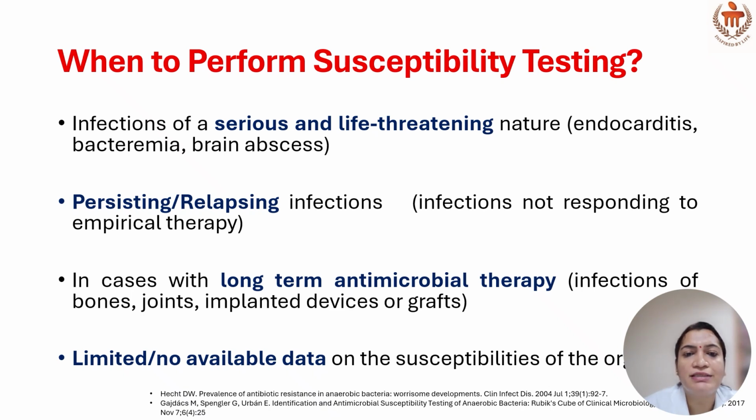Whenever we come across serious and life-threatening conditions like brain abscess or endocarditis, or persistent or relapsing infections, or those infections which require long-term antimicrobial therapy like prosthetic joint infections, and cases where you do not have any data on the susceptibility of the organism.